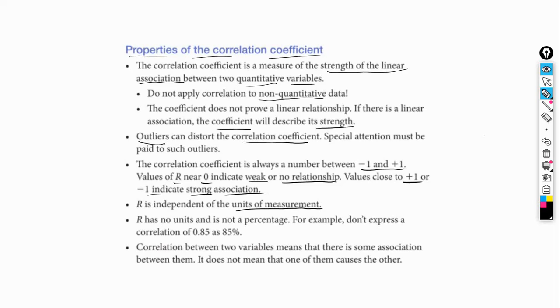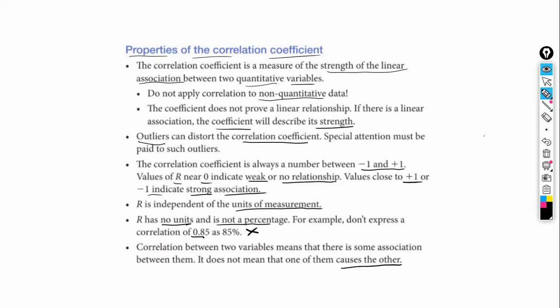R has no units and it is not a percentage. For example, do not express a correlation of 0.85 as 85%. This would be wrong. Finally, correlation between two variables means that there's some association between them, but it does not mean that one of them causes the other.